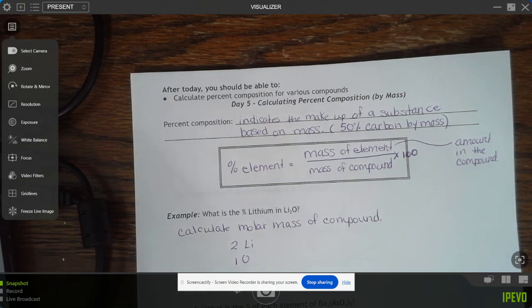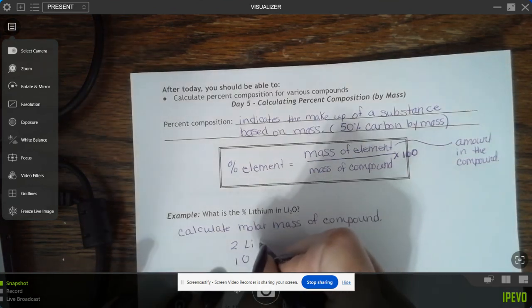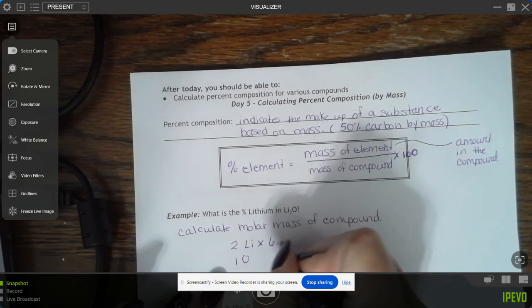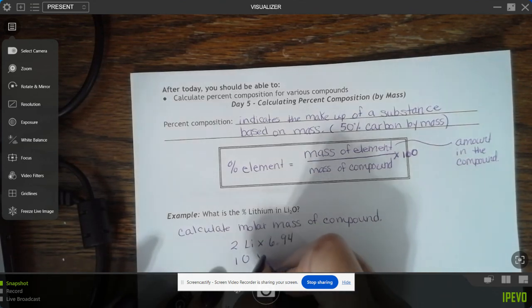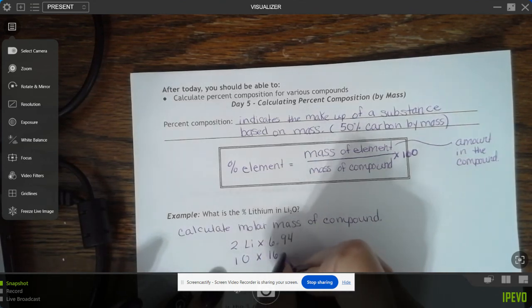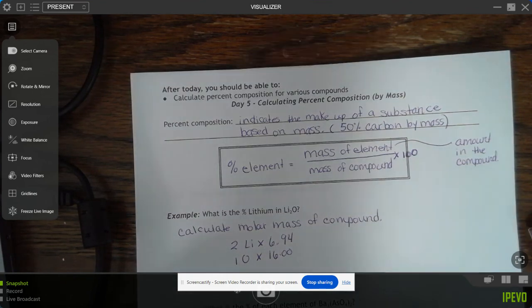And again, I still don't have my paper periodic table. So the mass of lithium on the periodic table is 6.94, and the mass of oxygen on the periodic table is 16.